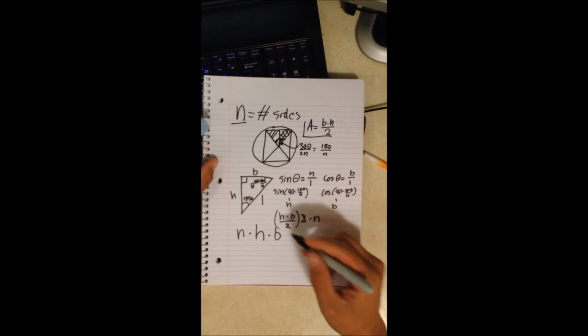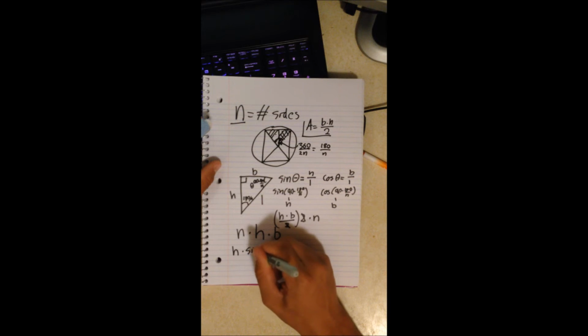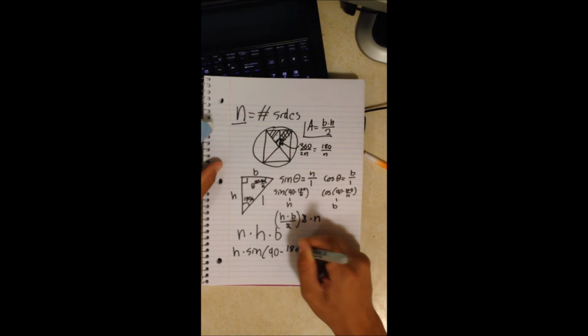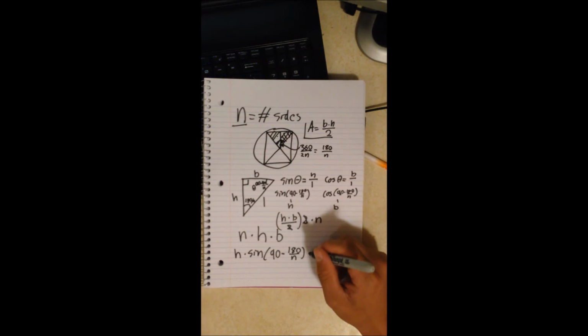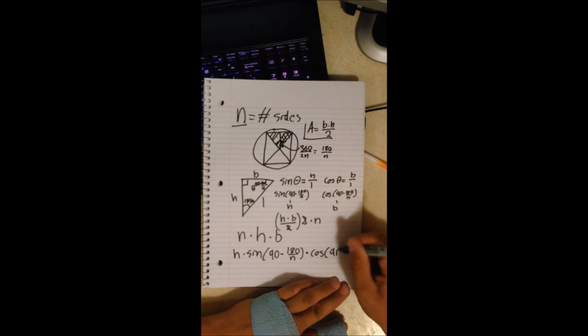And the height of this triangle is the sine of 90 minus 180 over n. And the cosine is the cosine of 90 minus 180 over n.